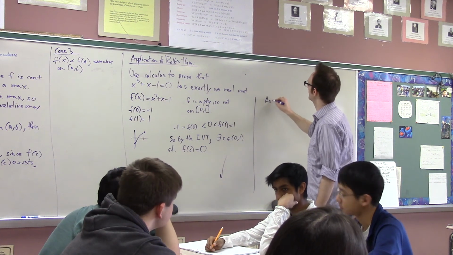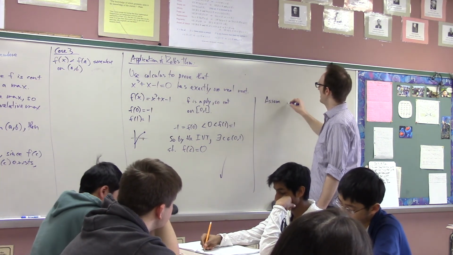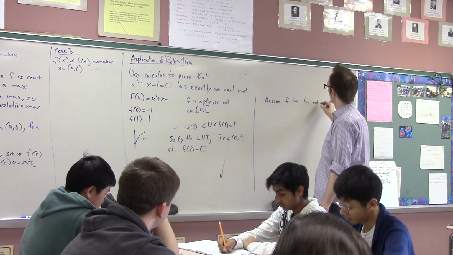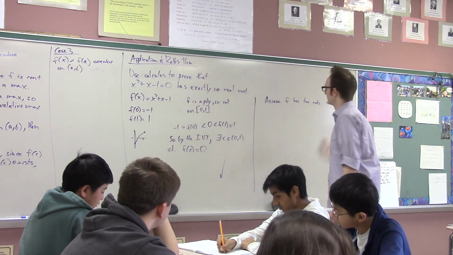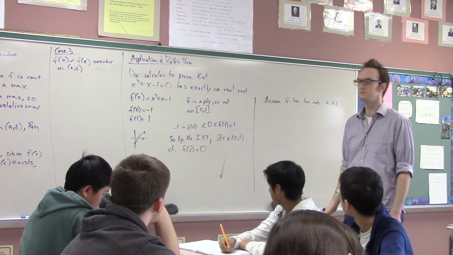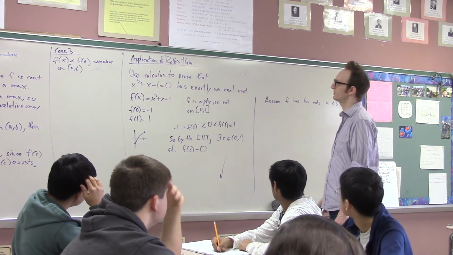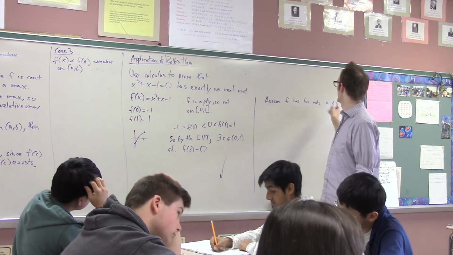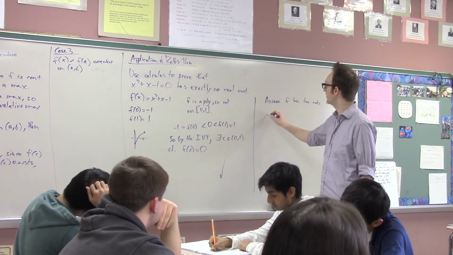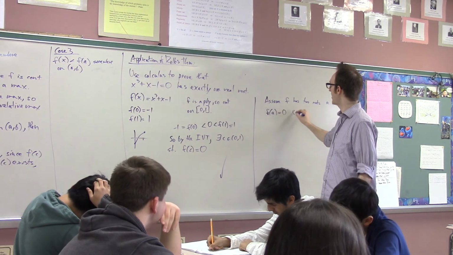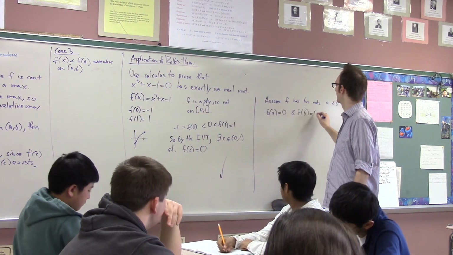So what we're going to do now is assume that f has two roots, a and b. It's sort of irrelevant that this is a polynomial. So it has two roots, a and b. So what I know is that f of a equals 0 and f of b equals 0.